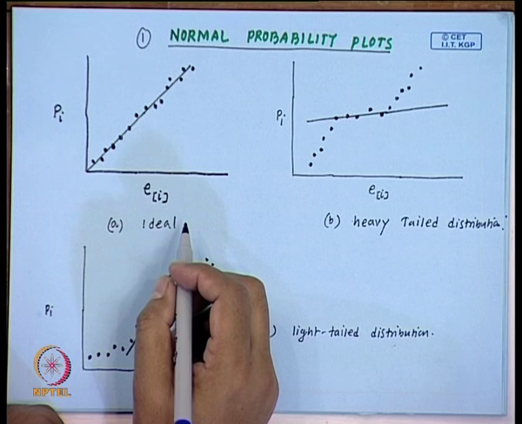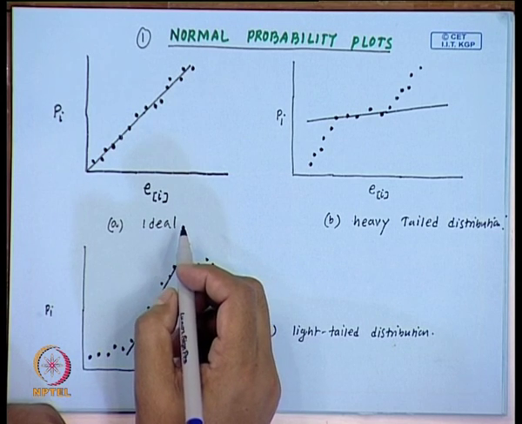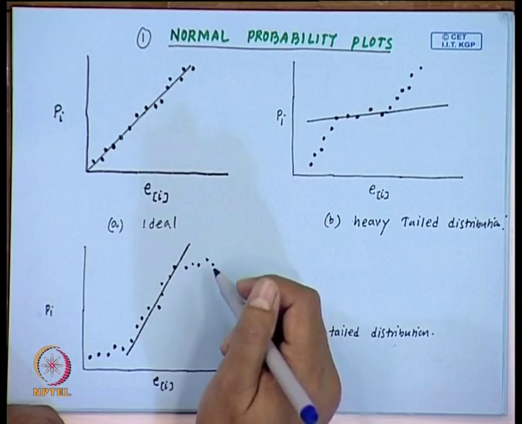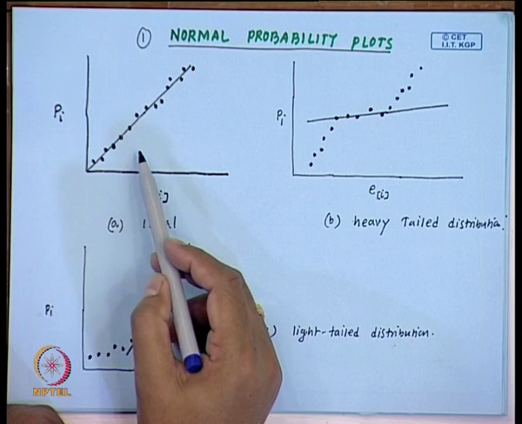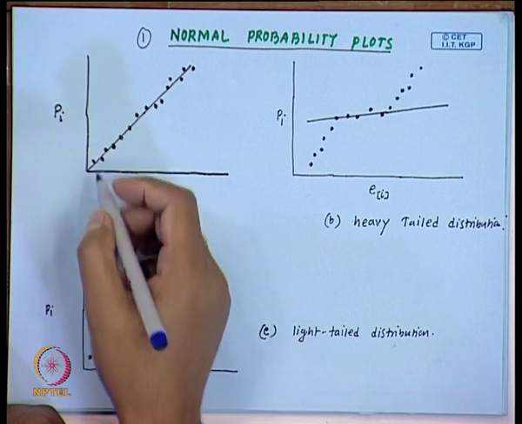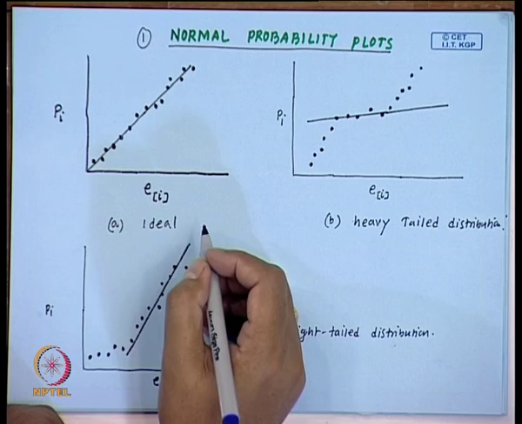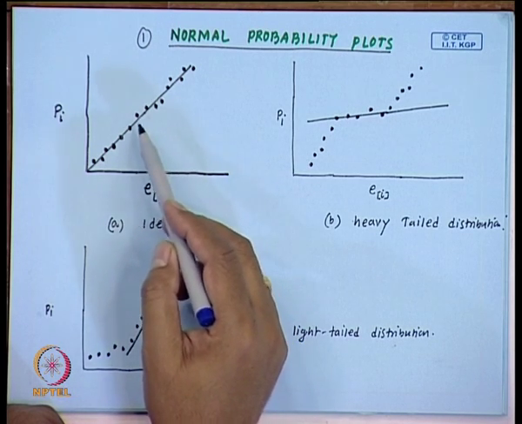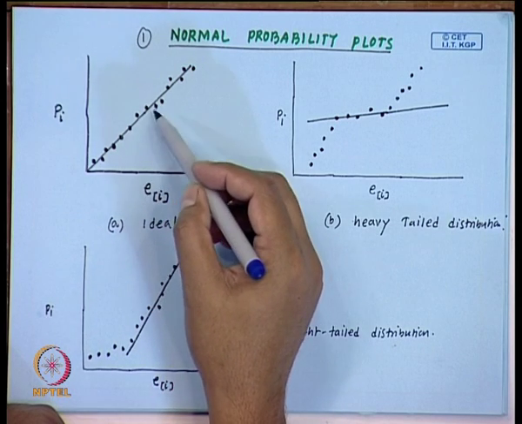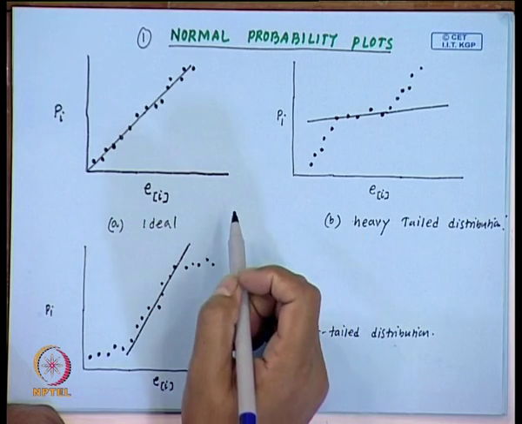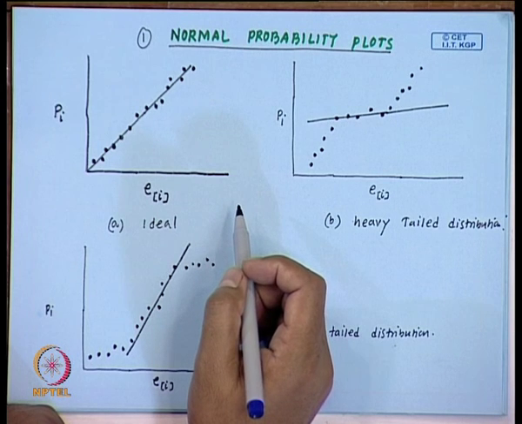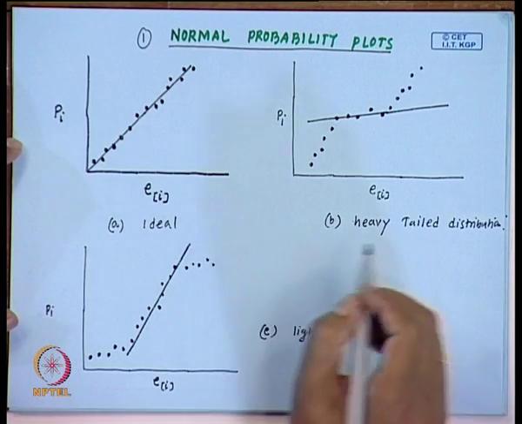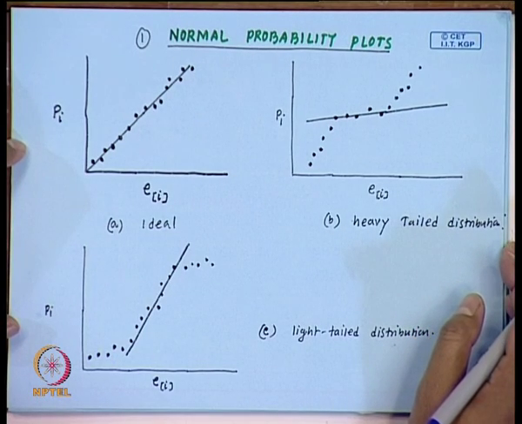Here you can see that all the points lie on a straight line. Okay. So, if in your case you find that all the points are on a straight line, then you can assume that the error distribution is normal.